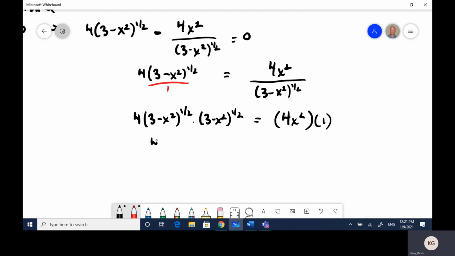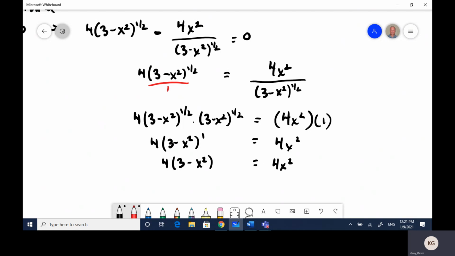I've got 4, then I've got a common base, 3 minus x squared, both of them raised to the 1/2. So if I have a common base, with my laws of exponents I can add these exponents. So that'll just be 3 minus x squared to the power of 1 equals 4x squared. Okay, that's going to clean this up pretty nicely. So I have 4 times 3 minus x squared equals 4x squared.